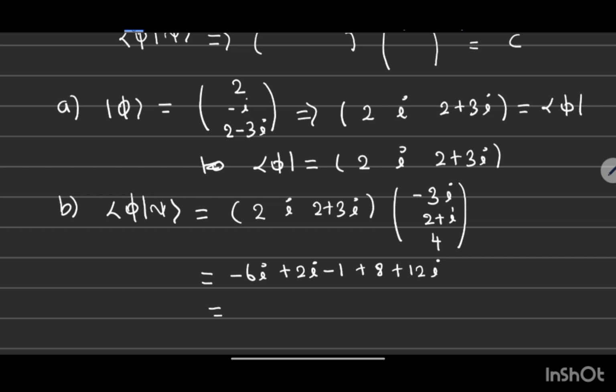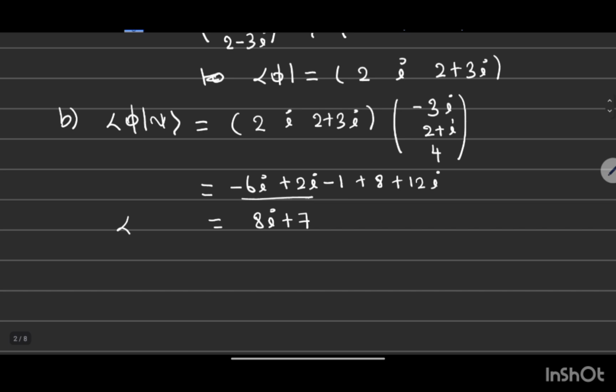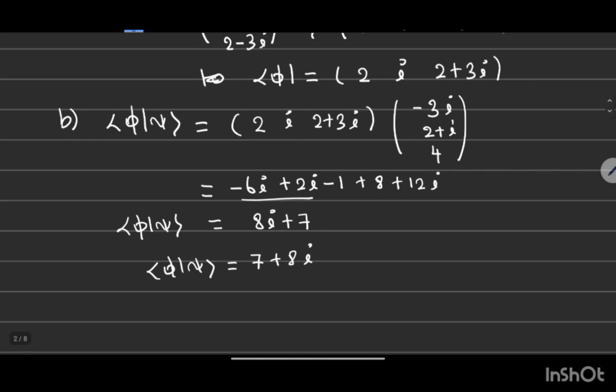So these terms will give you 4 minus 4i, and then adding 12i we will get 8i plus 7. Okay, this is the scalar product of phi with psi. So the scalar product of phi with psi is 7 plus 8i. Okay, this is the answer.